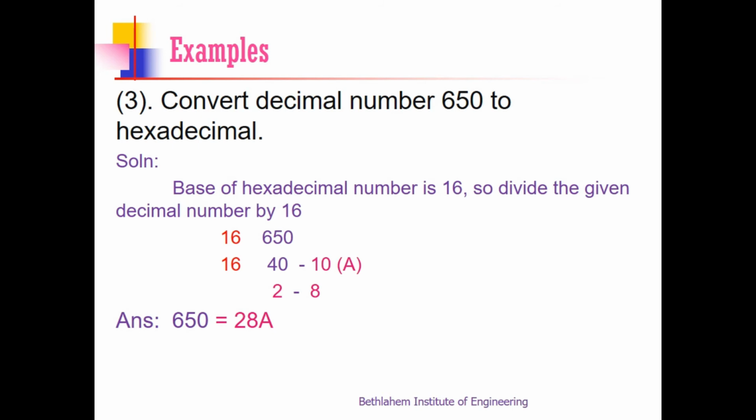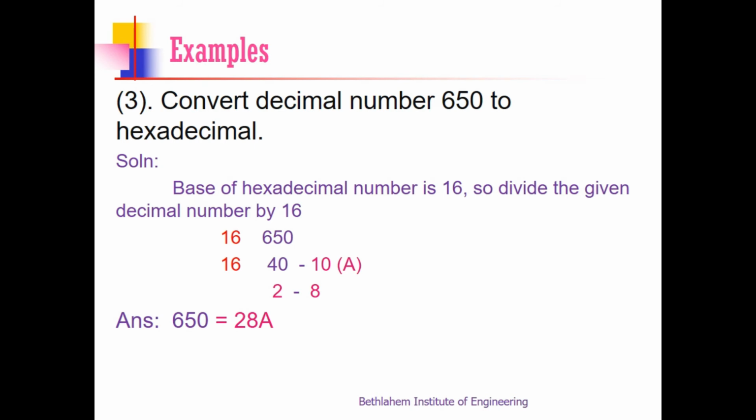Already in the hexadecimal chart, I have shown you that the corresponding hexadecimal number of decimal number 10 is A. So you have to write A in the place of 10 because we have performed a division for a decimal number. So 10 is a decimal number and you have to write the corresponding hexadecimal number of decimal 10. For decimal number 10, hexadecimal number is A.